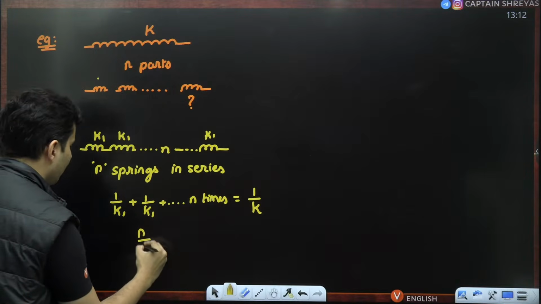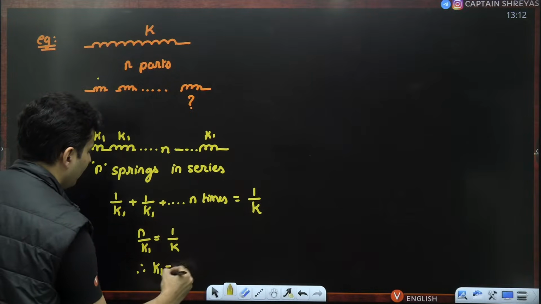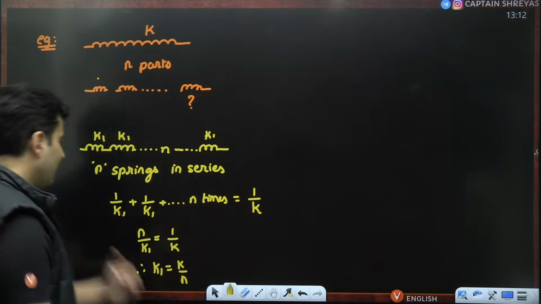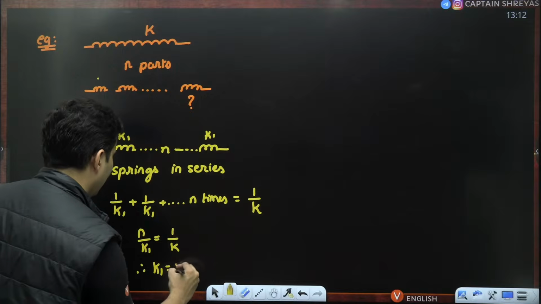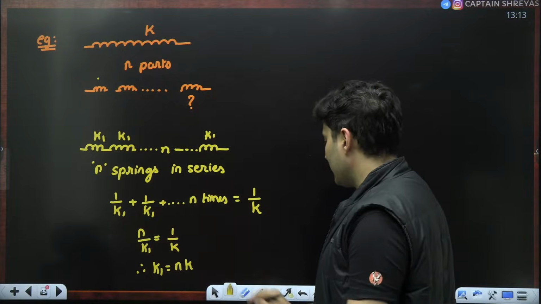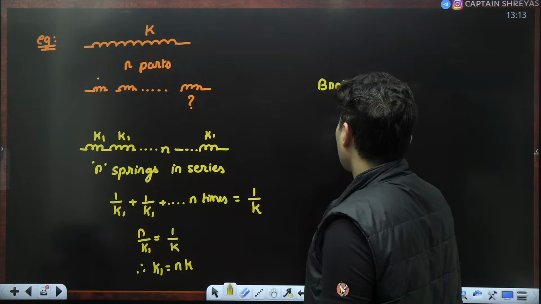So this will be n by k1 is 1 by k. Therefore, k1 will become, sorry, not k divided by n, n times of k.